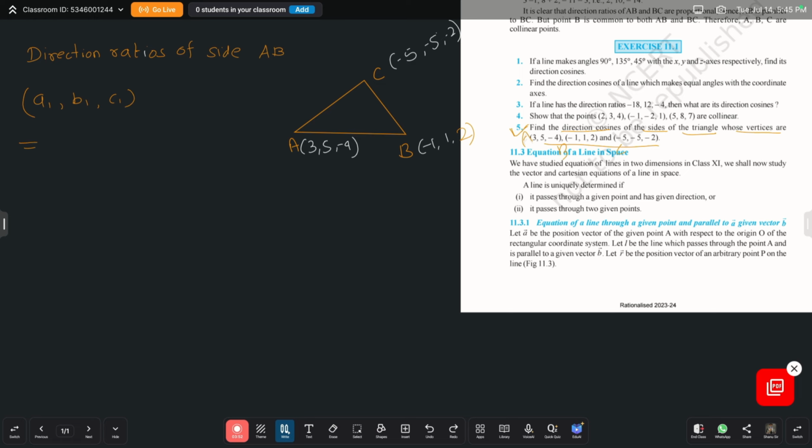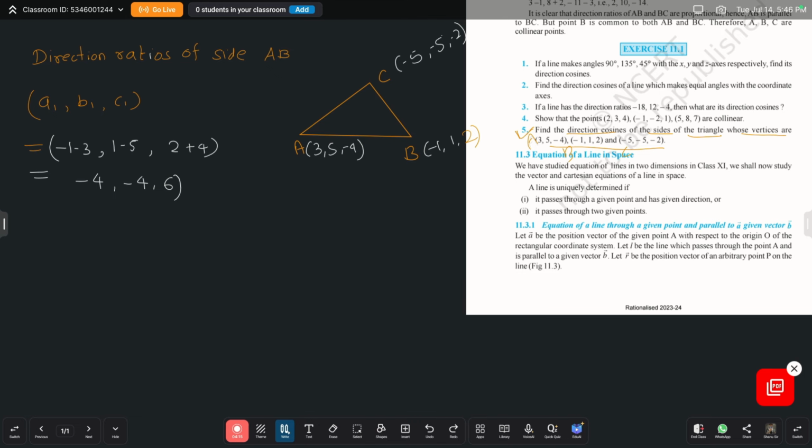Coordinates: -1 minus 3, 1 minus 5, and 2 plus 4. So the direction ratios are -4, -4 and 6. These are the direction ratios of side AB.